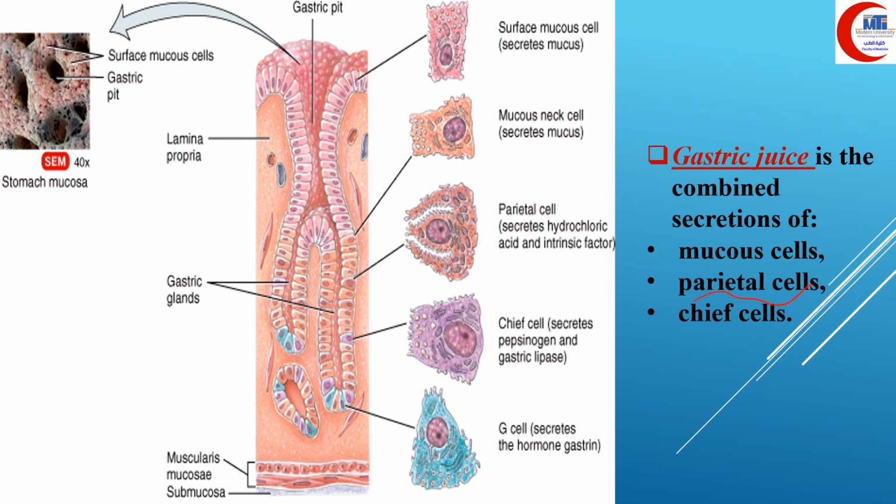We have another cell which secretes digestive enzyme, the chief cell. In order to protect the wall of the stomach from digestion by this digestive enzyme and HCl, we have a cell which secretes mucus for protection. So we have gastric juice formed of the secretion of mucus cells, parietal cells, and chief cells.